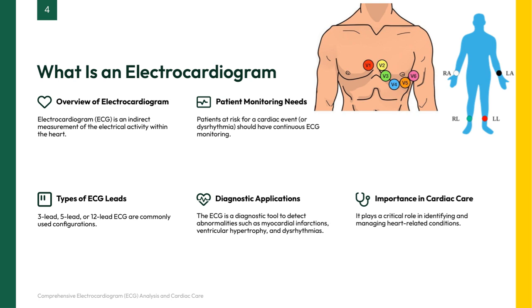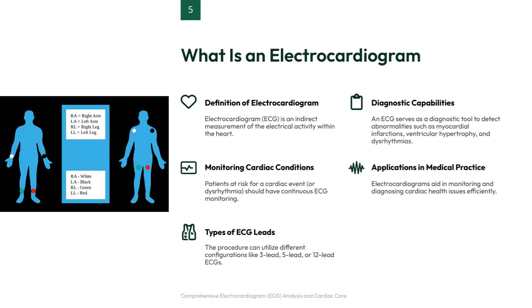An electrocardiogram, or ECG, is essentially a way to measure the heart's electrical activity indirectly. It captures the electrical signals generated by the heart as it beats, giving us important insights into how the heart is functioning. For patients who are at risk of cardiac events or irregular heart rhythms, continuous ECG monitoring is crucial because it helps detect problems early and allows timely intervention.